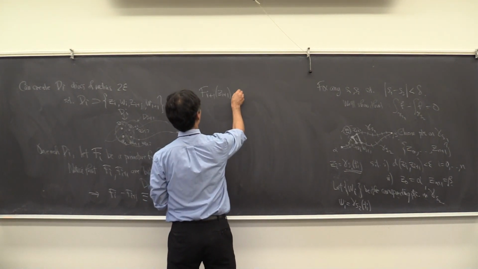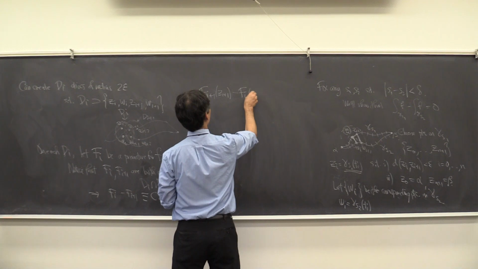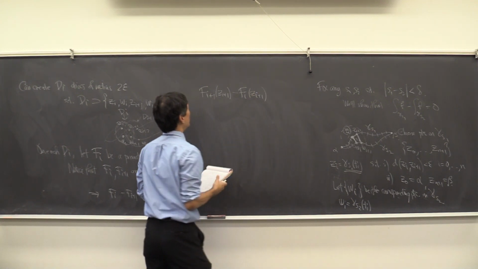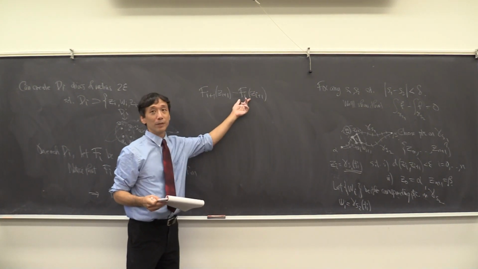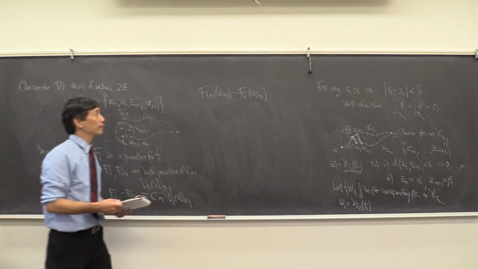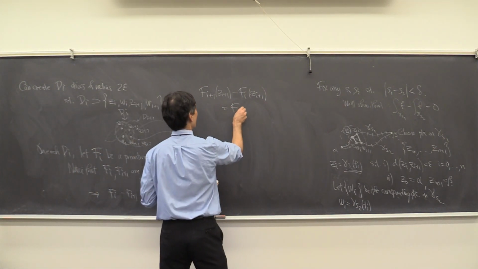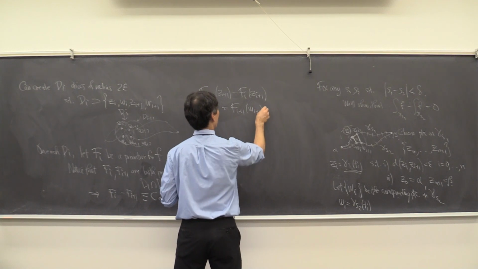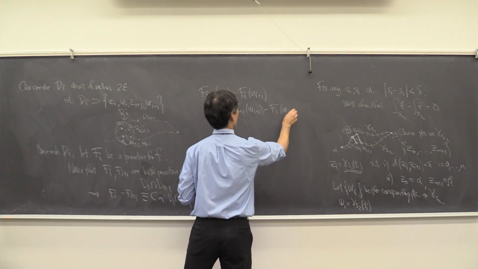You know that the difference between f sub i plus 1 and f sub i at this point must be the same as at the other point, because this is a constant. That is, f sub i plus 1 at w sub i plus 1 minus f sub i at w sub i plus 1.